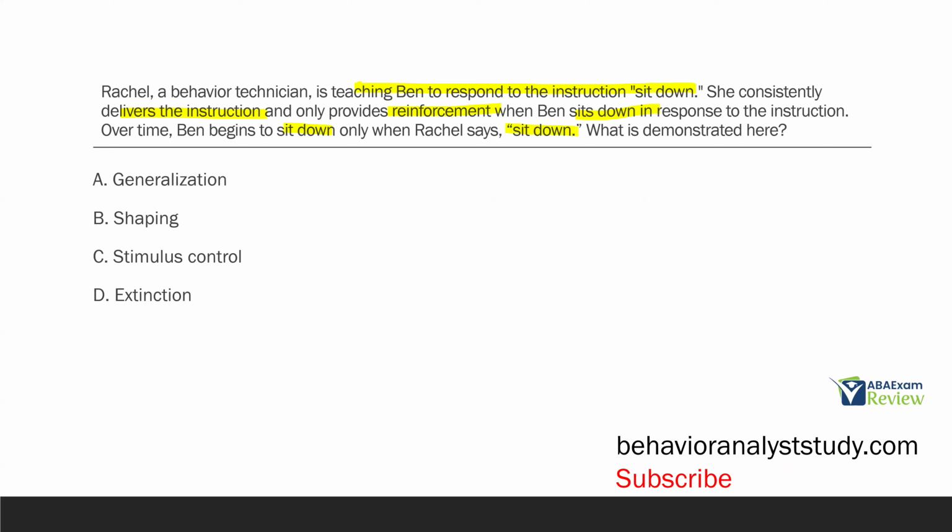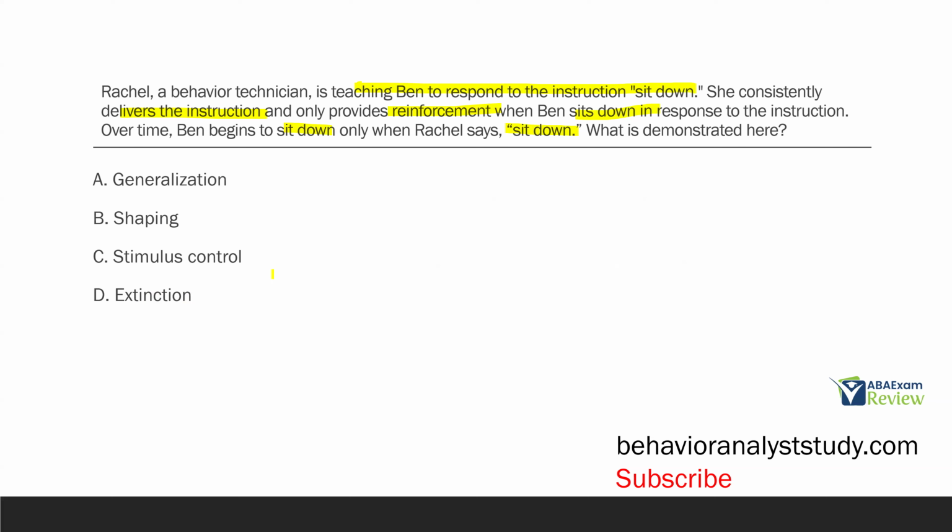When we have a situation where we've established a stimulus that has control over behavior, sit down has control over Ben sitting down, well, what's that called? Well, it's not generalization because we only have Rachel and Ben in this situation. We haven't demonstrated generalization yet. We're not shaping because Rachel's not dealing with approximations. It's simply one response, right? Sit down, you need to sit down.